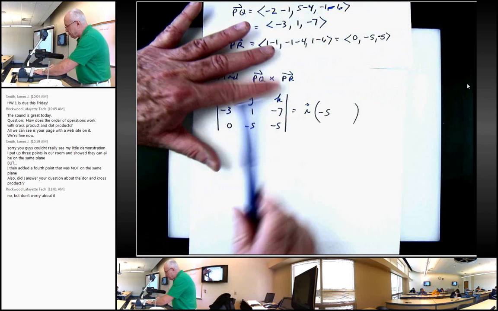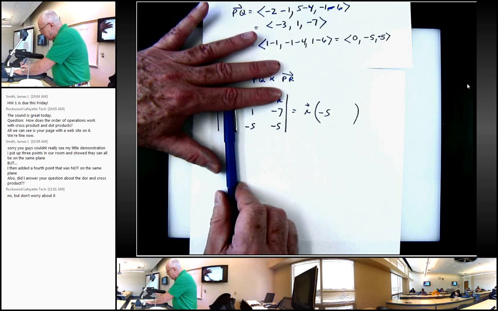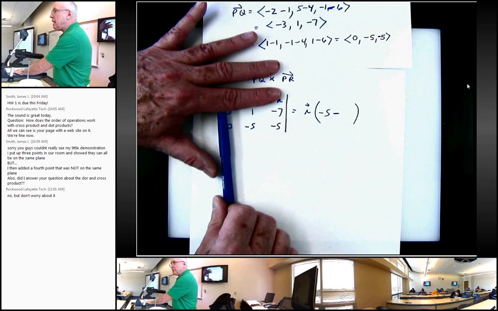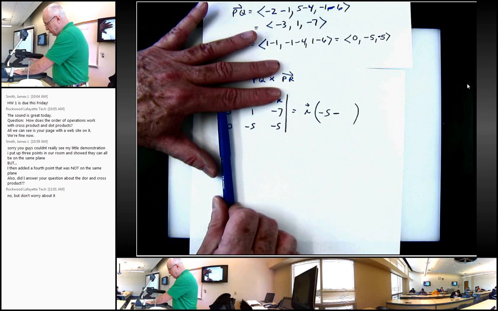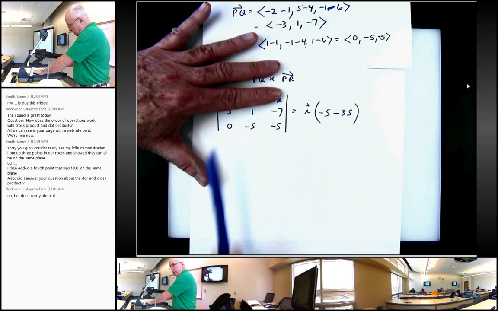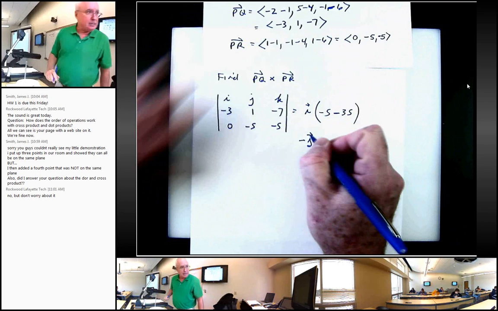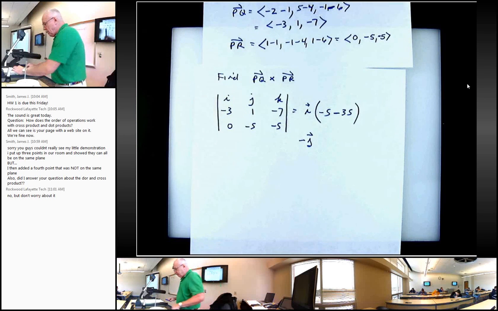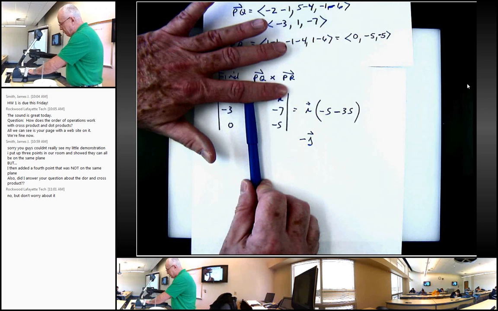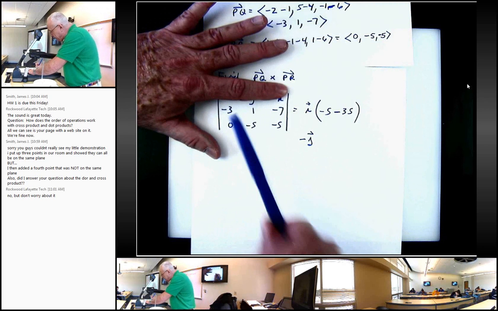Now here, just be careful, get used to kind of combining things. We're going to have a minus, but notice what I'm multiplying together, -5 times -7, so I'm just going to write that as a positive 35, all right? Then we have minus the second component, that's minus the J. Let's cross out that row and column, and now let's see what we have here. -3 times -5, that's going to be a 15.